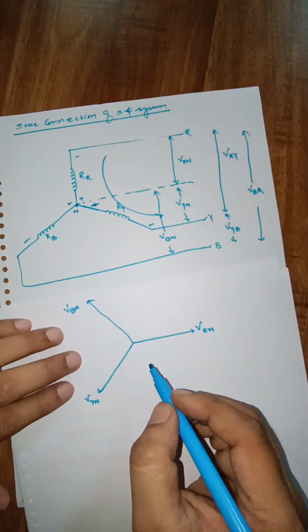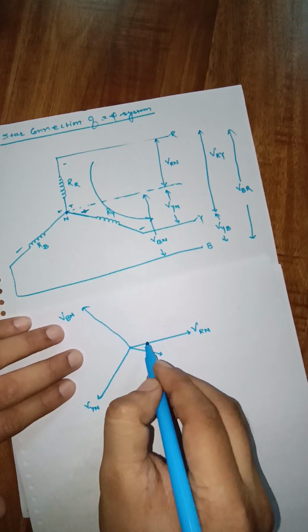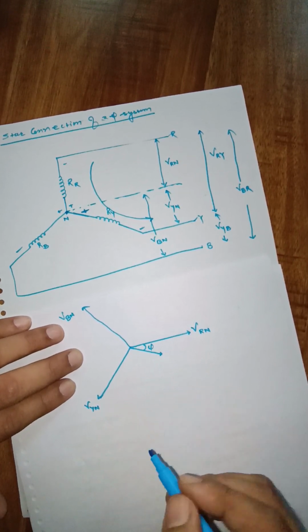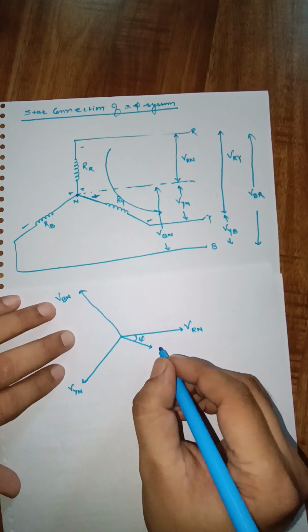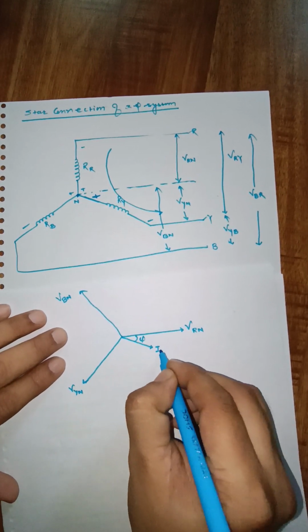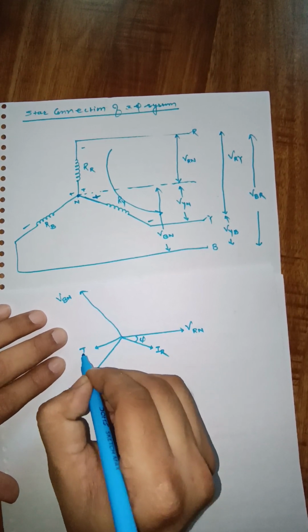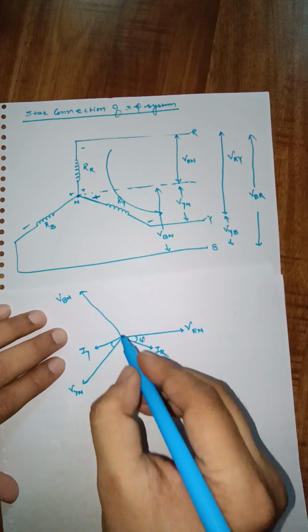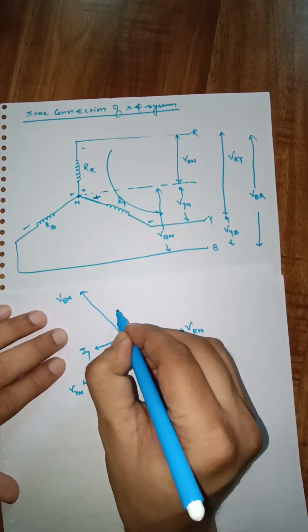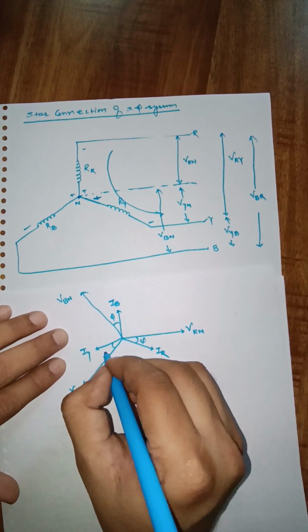Now, what will be the currents? Currents will be lagging nature. Here it will be of lagging nature and with the angle phi. IR, IY, and IB.